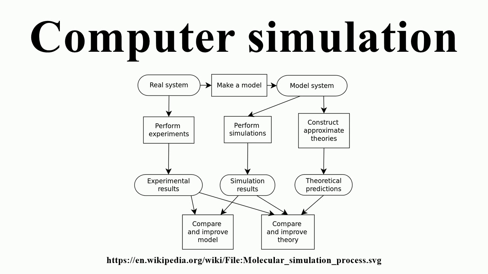Formerly, the output data from a computer simulation was sometimes presented in a table or a matrix showing how data were affected by numerous changes in the simulation parameters. The use of the matrix format was related to traditional use of the matrix concept in mathematical models.